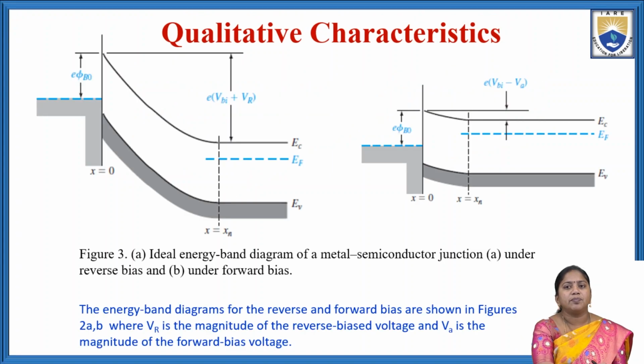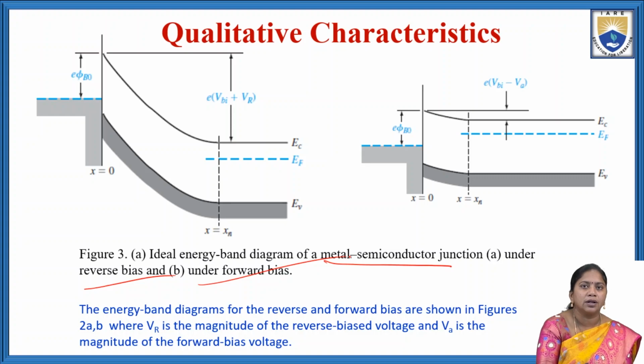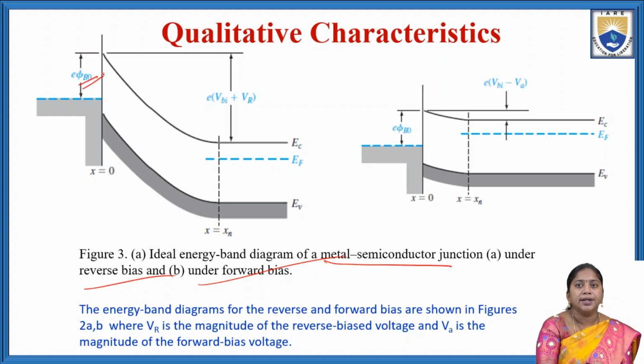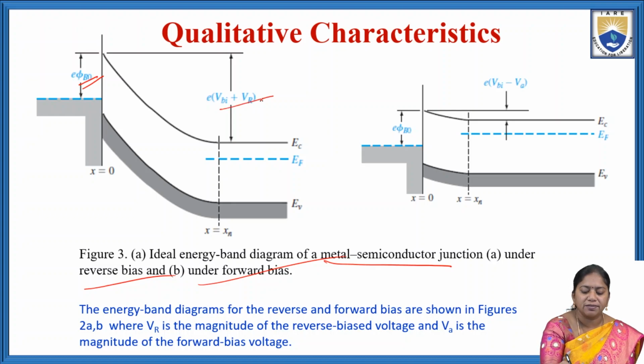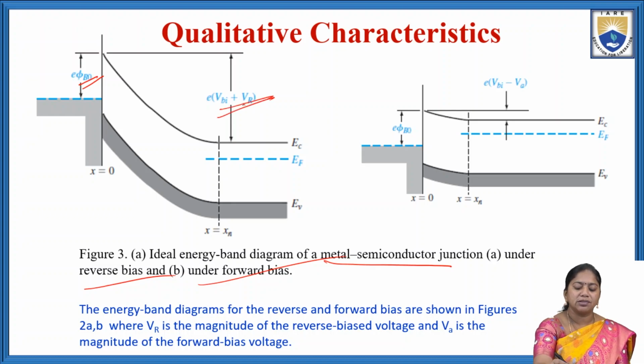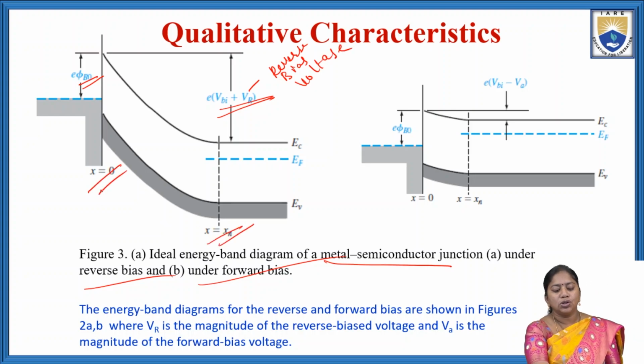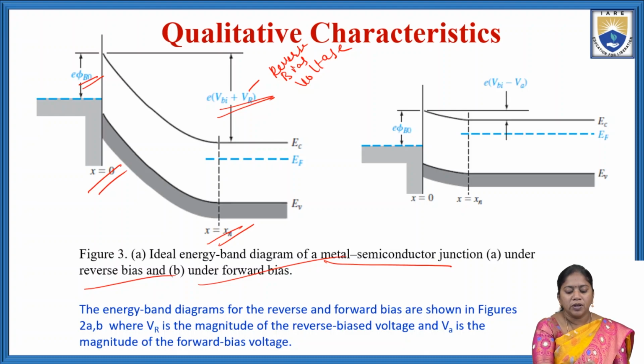The ideal energy band diagram of the metal semiconductor junction under reverse bias and under forward bias is shown in this figure. Here e phi B naught is the barrier height. The first one, A, is the metal semiconductor junction under reverse bias.